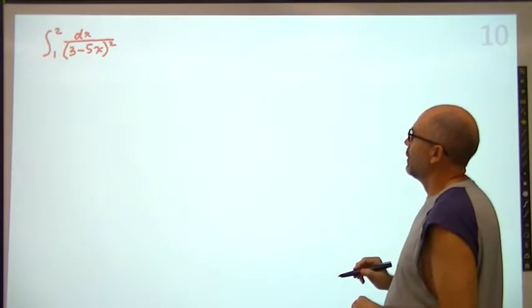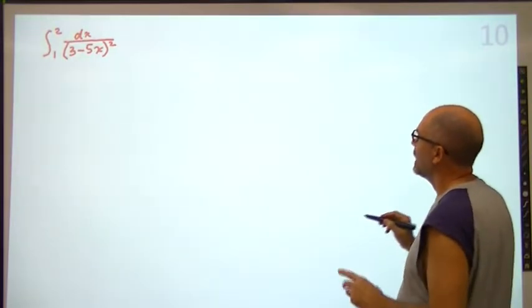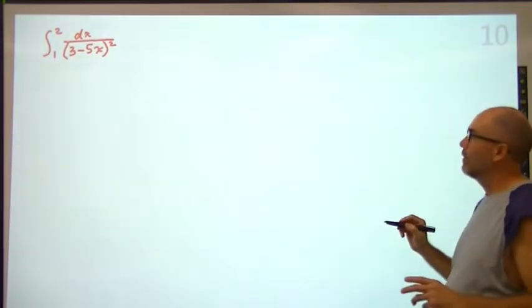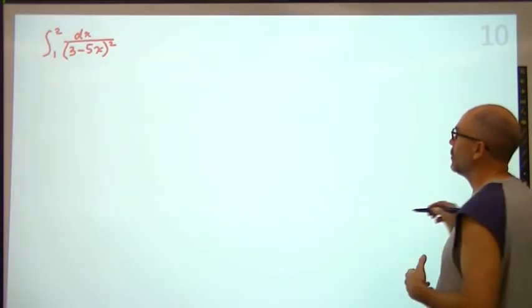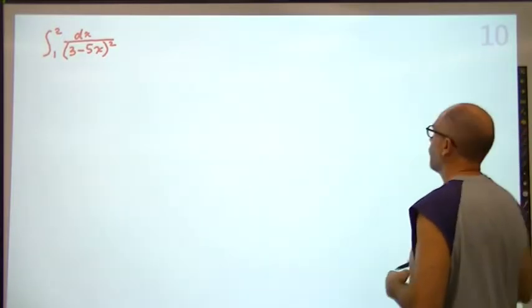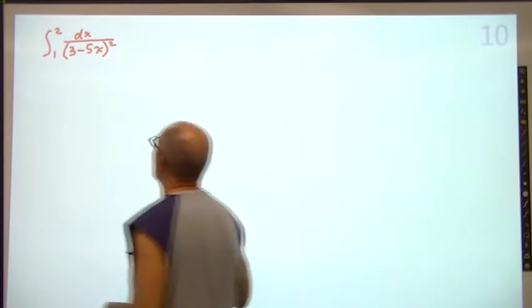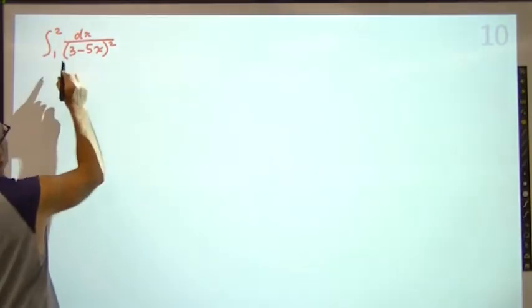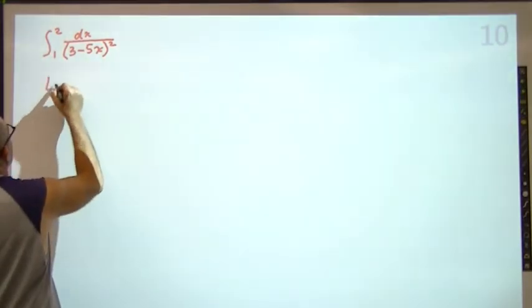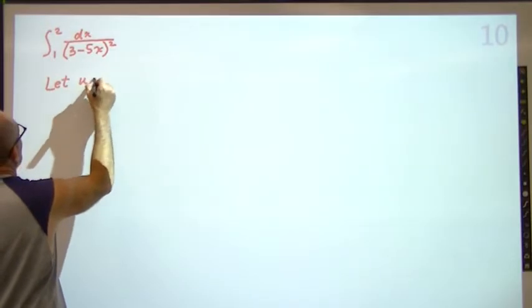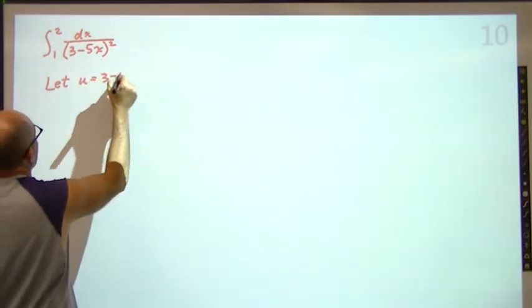Same situation here. We've got a definite integral and we need to do a u substitution. So we say let u equal 3 minus 5x.